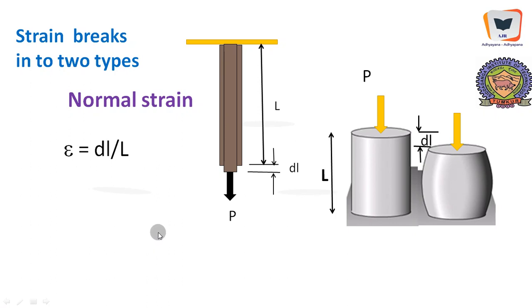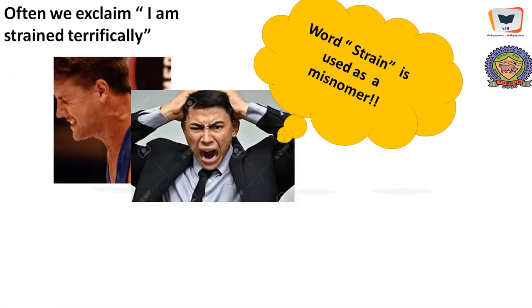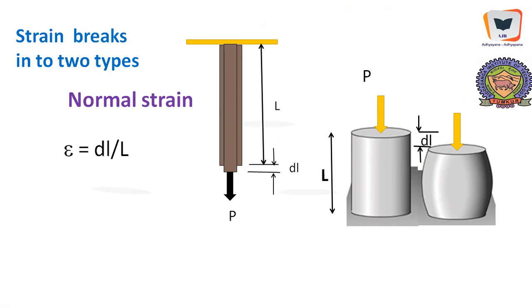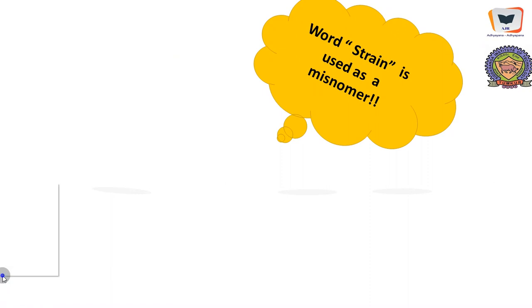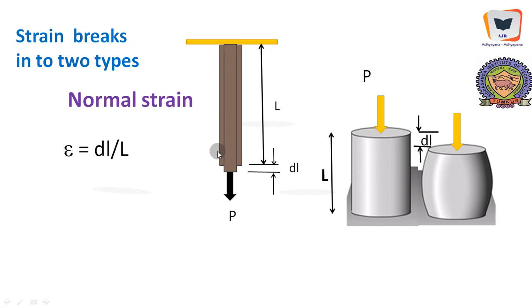So with this definition, we can also define other kinds of strains, as a secondary strain. That is lateral strain. Lateral strain is, let us say, change in diameter by original diameter. Change in diameter is dd. Let us say when it is pulled, the diameter is going to reduce. If length is going to increase, diameter is going to reduce.